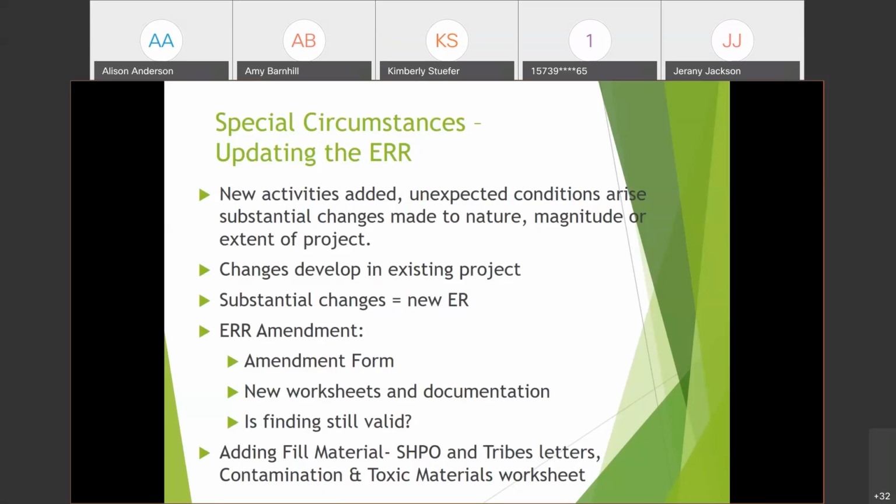Are the compliance determinations the same? Another example of updating the ER would be adding fill material. SHPO and Tribes would need to be contacted and a contamination and toxic materials worksheet would need to be filled out. Next slide.